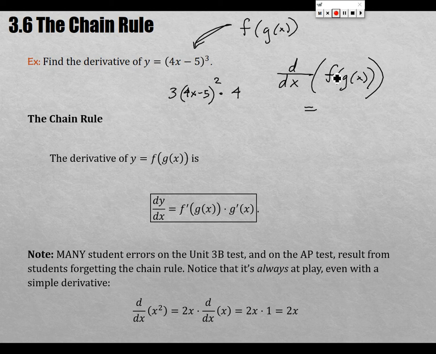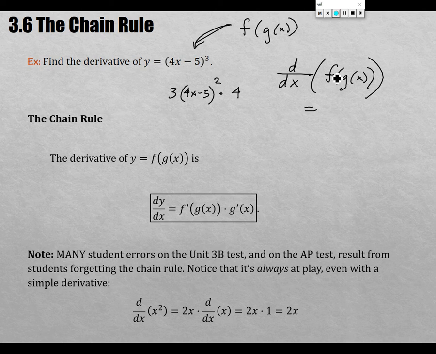I will say that this is at play all the time. You haven't experienced this unit and the rest of this course yet, but you just need to know that the chain rule is 100% of the time at play. It's very easy to forget the chain rule, but it's always there.